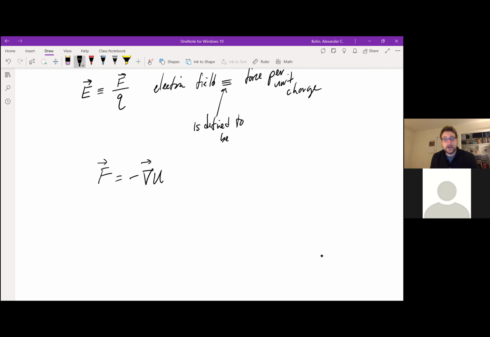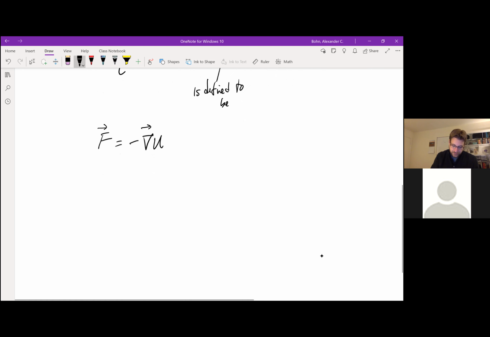Back very early on, when we were talking about vectors, we talked about the gradient. In the vector math recitation, we remembered the gradient operator, and that's how force and potential energy are related. So if we can talk about force per unit charge, why can't we talk about potential energy per unit charge and take the gradient of that instead? All right, let's do that.